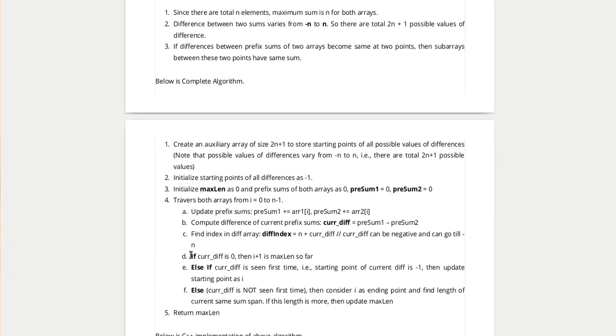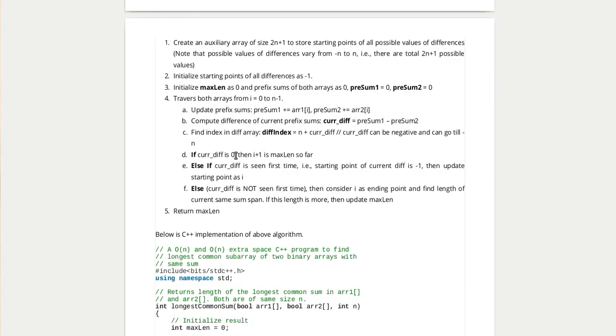We already know if current diff is 0, then i plus 1 is the max length so far. If this is not the case, then we check whether it is the first time we are coming across the difference. We check this by looking into the diff array at this diff index, and if we find a minus 1 there, that means this is the first time we have come across this difference.